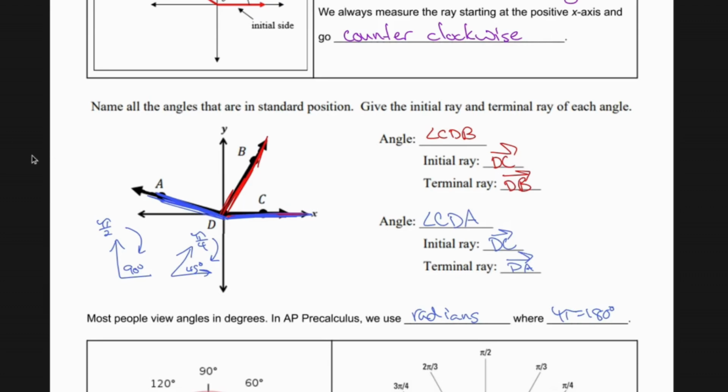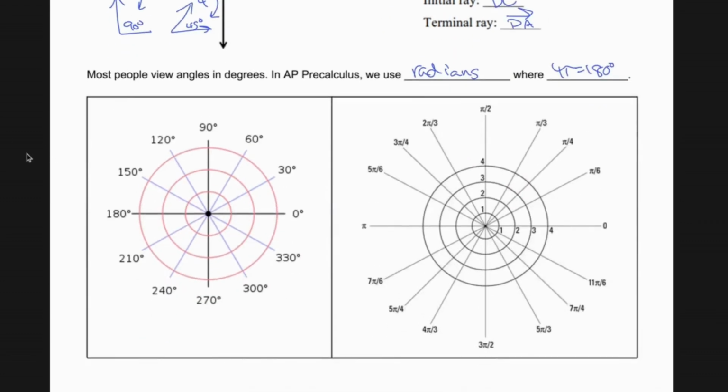So on and so forth. A general look, stolen from the internet: if we were to talk about angles in standard position using degrees, we would usually go in this direction, and every time you rotate, you hit 360. Well, now we're going to be looking at it as radians. So we start at 0, and an angle that normally looks like 30 degrees is going to be pi over 6.